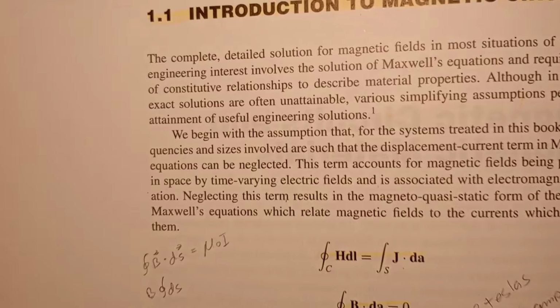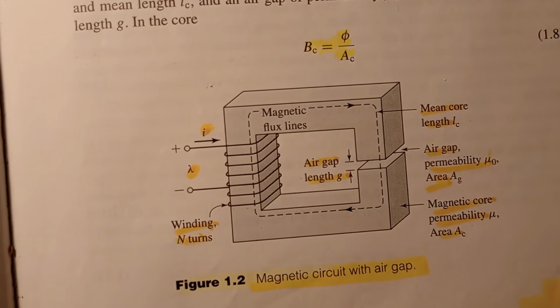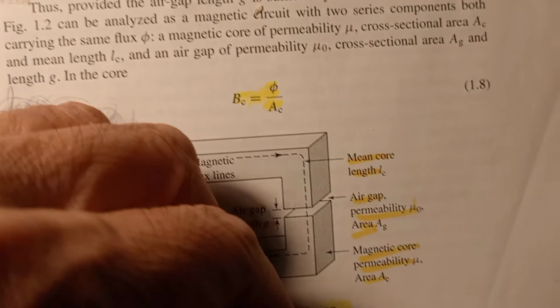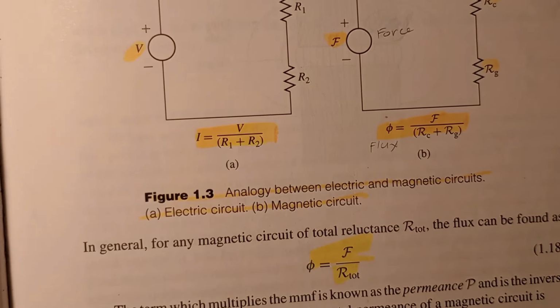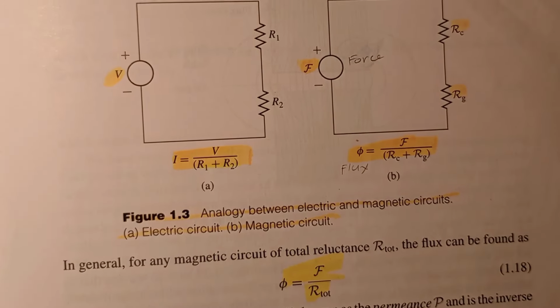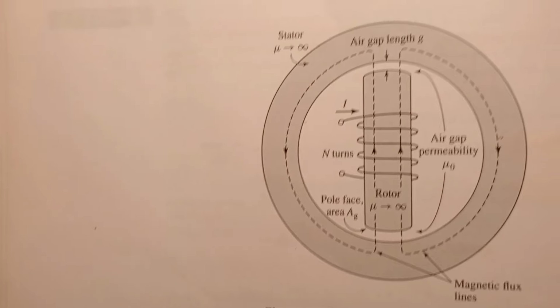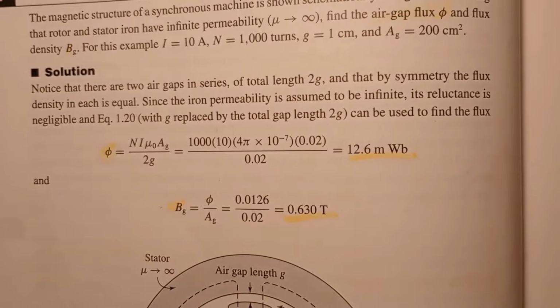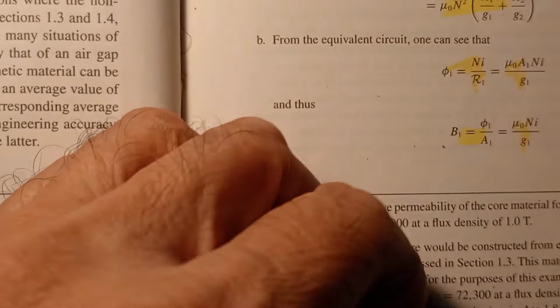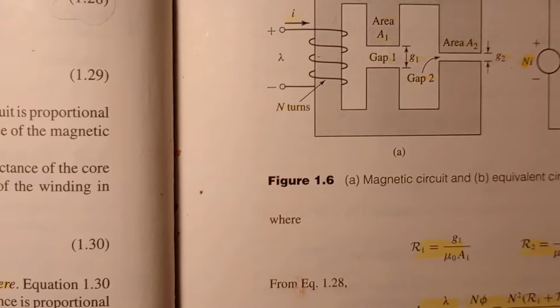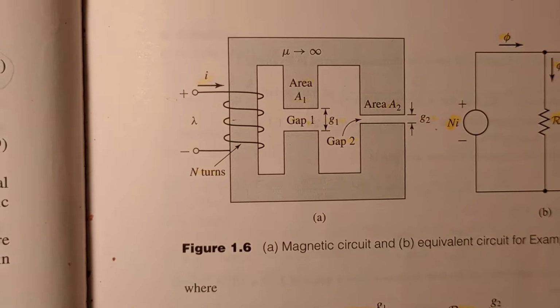There's a simple magnetic circuit with flux going through an iron core. Iron core with an air gap. Analogy between an electric circuit and a magnetic circuit. Another circuit with 2 air gaps.